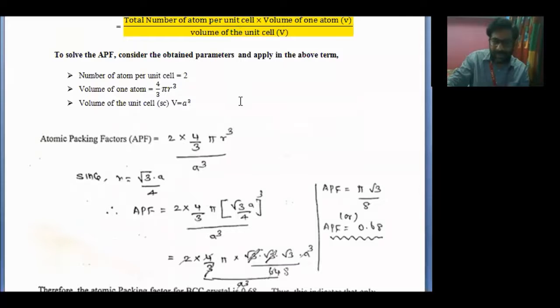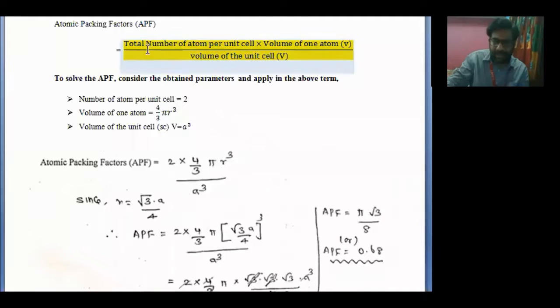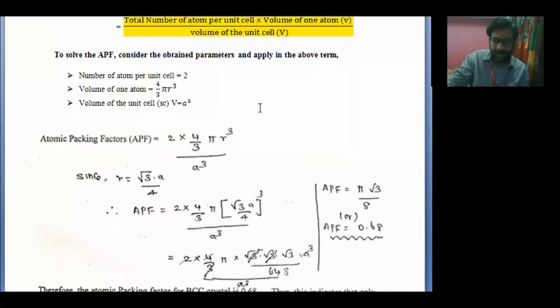Then substituting the values in this formula, the total number of atoms per unit cell is 2. Volume of one atom is 4 by 3 pi r cube by a cube.